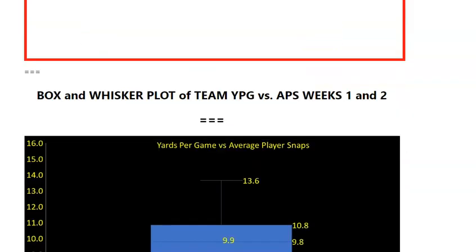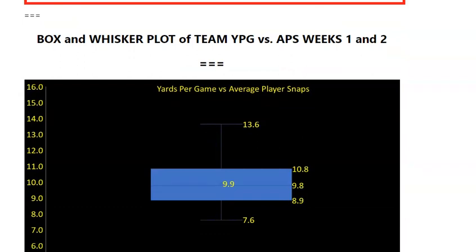There's my dog. So I compared the team yards per game with team average player snaps, weeks 1 and 2. So I made a ratio. A lot of times in research, if you take two data streams and make a ratio between the two, just divide one by the other, that can reveal potential interactions.